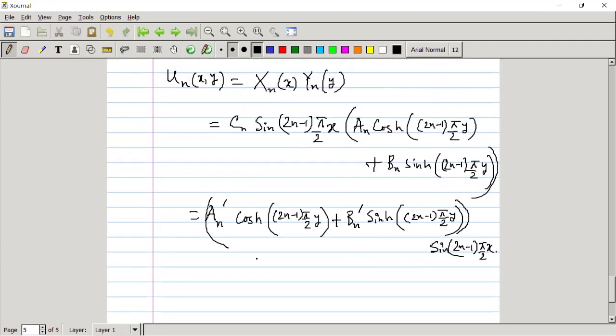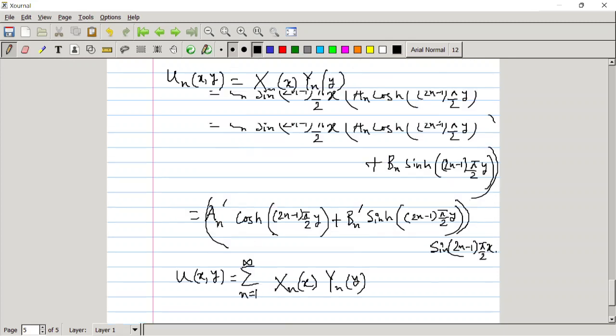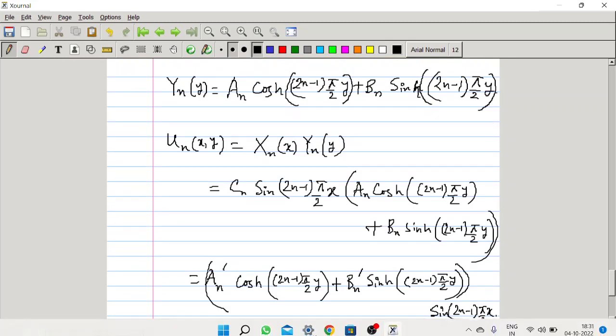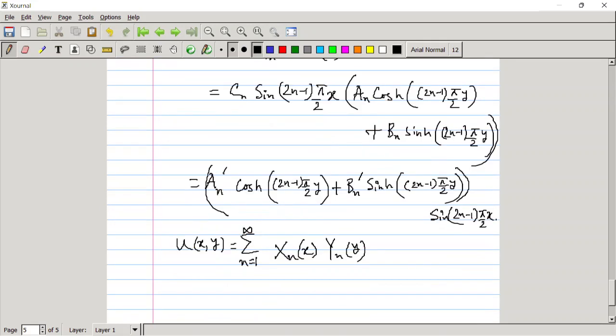So what is my u? You know that u is the summation of this product of X_n(x) and Y_n(y). This is the method of separation of variables.